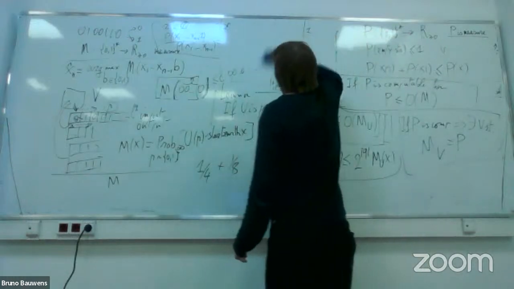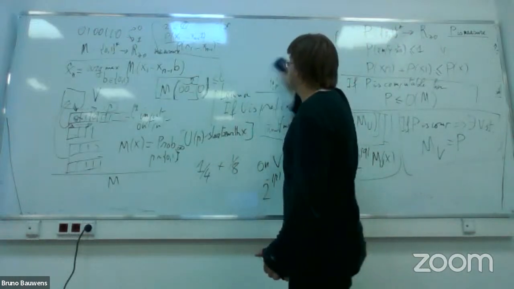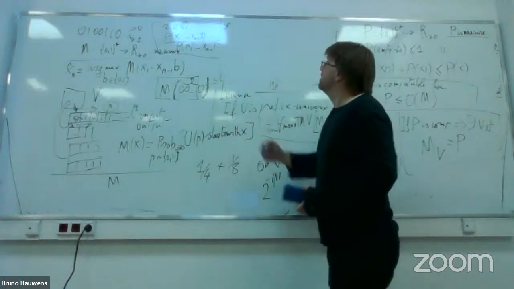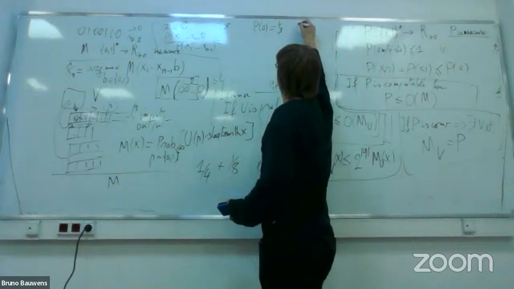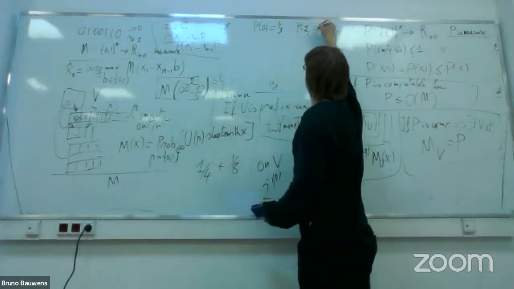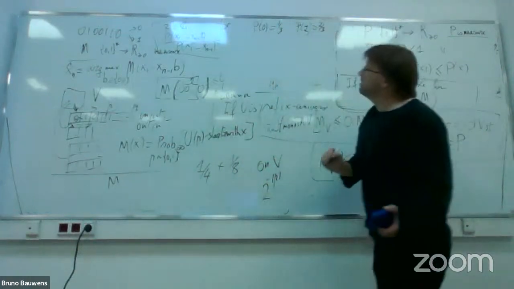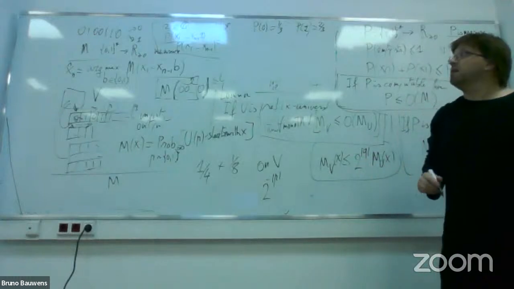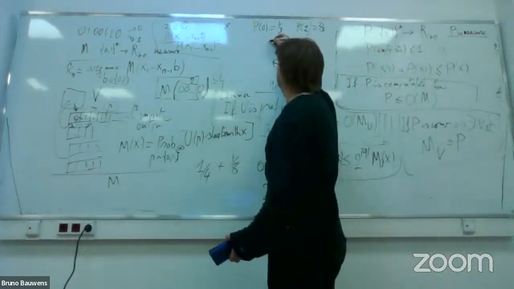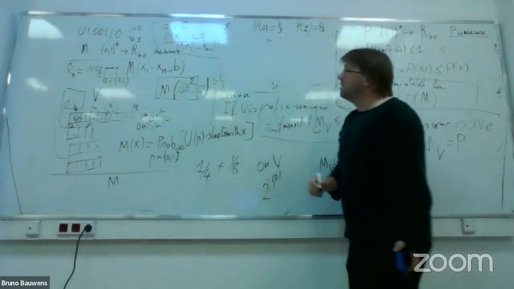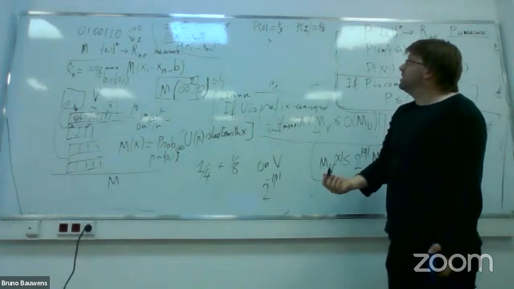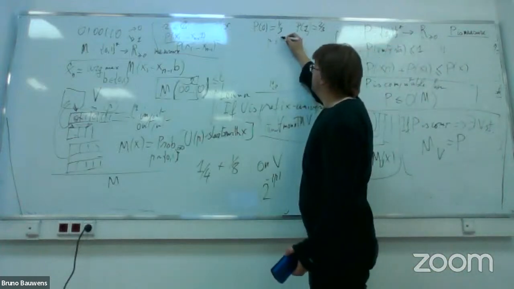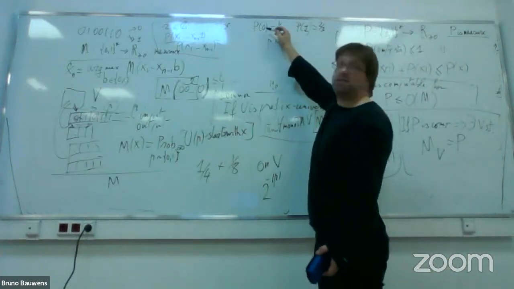Okay, let's explain for the first bit. So imagine that P of 0 equals 1/3 and P of 1 equals 2/3. Now I generate a random p. So p needs to decide about the first bit. If p is at most 1/3, it will print 0.